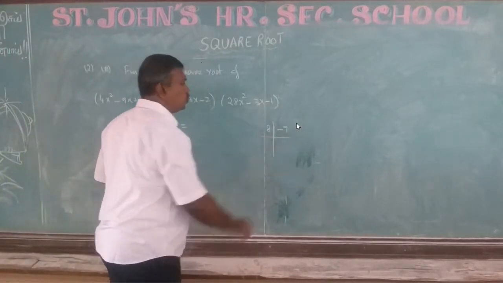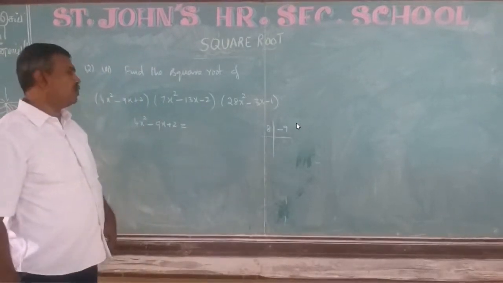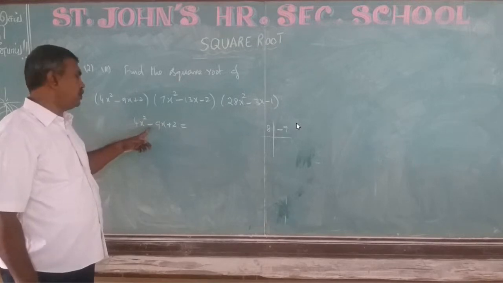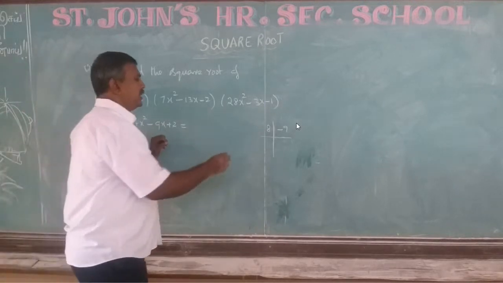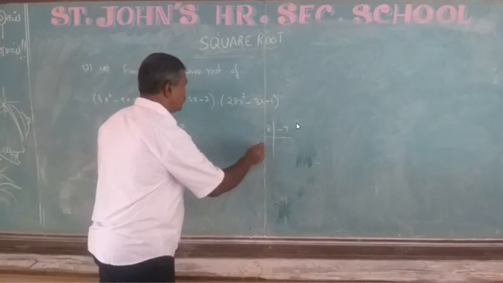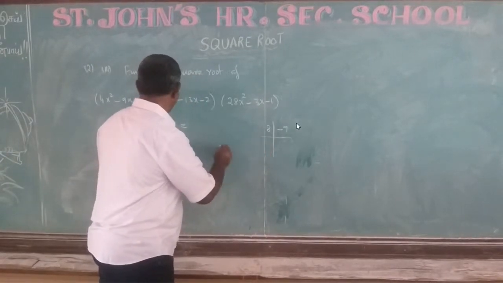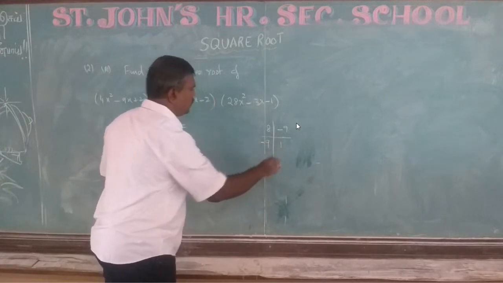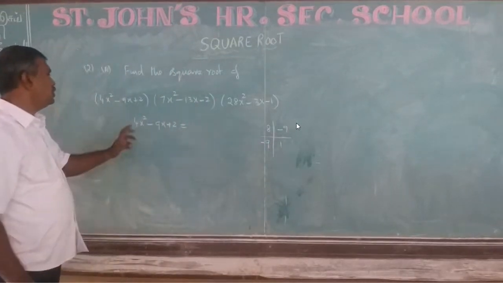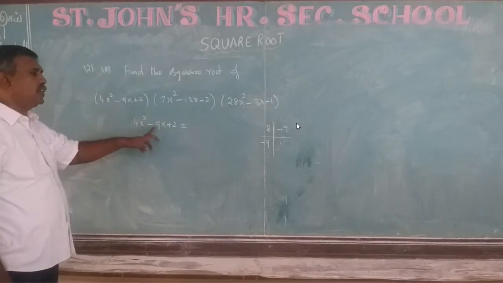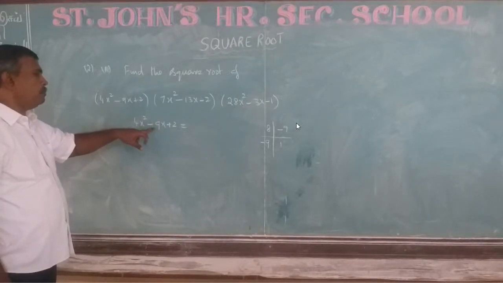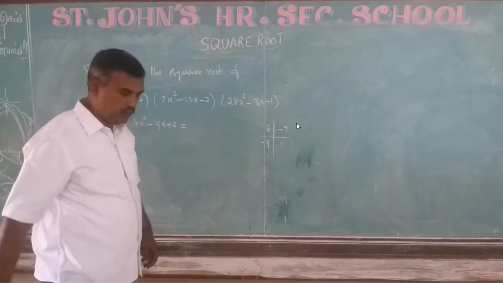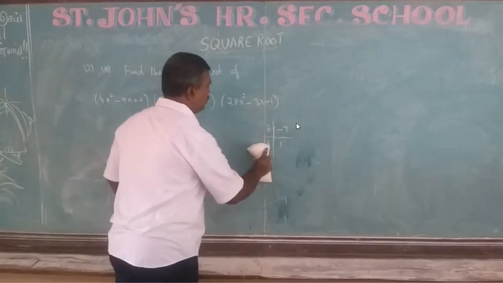First we take two numbers. The product of two numbers is 8 and the sum of two numbers is minus 9. Therefore we take minus 8 and minus 1.